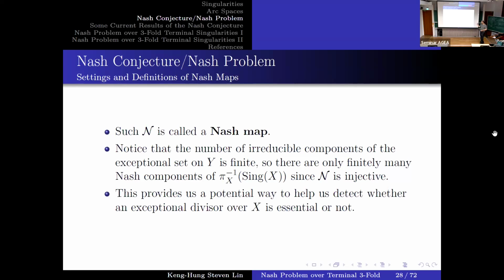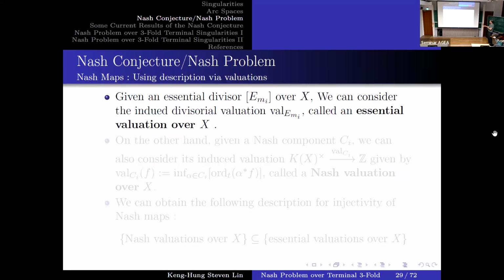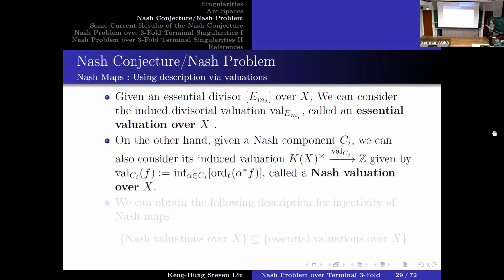Then using the Nash map, we know that each component will be mapped into some essential valuations over X. Okay, and furthermore, if you use the language of valuations, an essential divisor will induce valuations, which are called essential valuations.